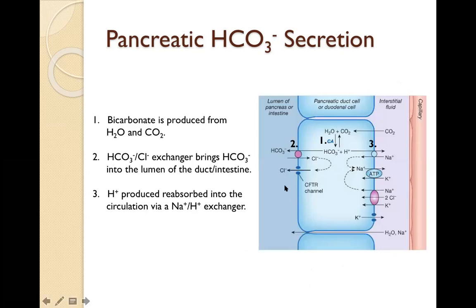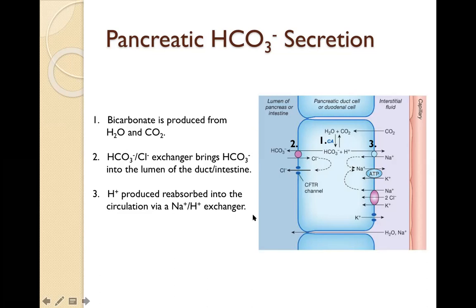And so here is the process by which you get pancreatic bicarbonate secretion. So this is the ductal cell of the pancreas. There's going to be a capillary on one side. The cells need oxygen, so these capillaries are going to supply oxygen, supply nutrients, and take up carbon dioxide.